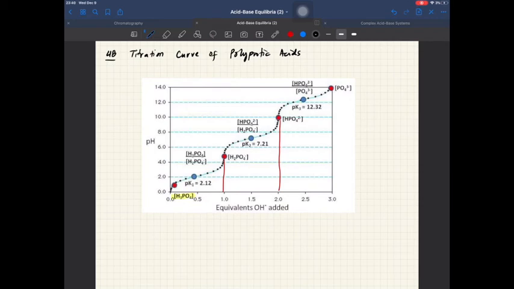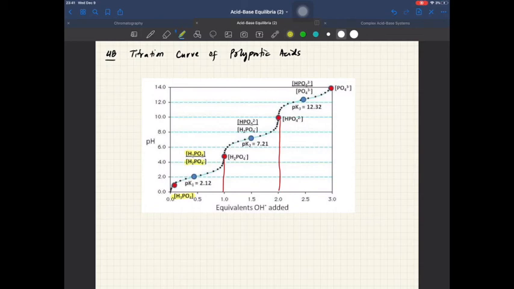Before the addition of hydroxide, most of the solution only has phosphoric acid. But upon addition of hydroxide, before the first equivalence point, some of the phosphoric acid is converted to dihydrogen phosphate, and some of the phosphoric acid is not reacted. So prior to the first equivalence point, the predominating species are just dihydrogen phosphate and phosphoric acid.